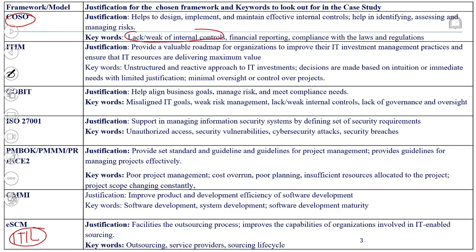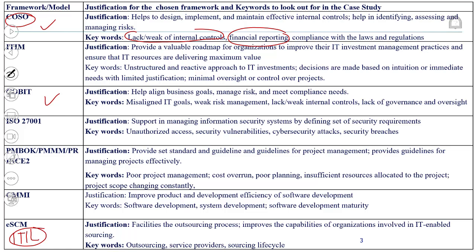Some of the things you should look out for in the case study for COSO are things like lack of internal controls and financial reporting. In fact, COSO and COBIT are very, very similar, except that COSO is mainly used in the financial industry. So the keyword that would differentiate COSO and COBIT is that COSO is mainly used in the financial sector and for financial reporting, whereas COBIT tends to be quite generic.